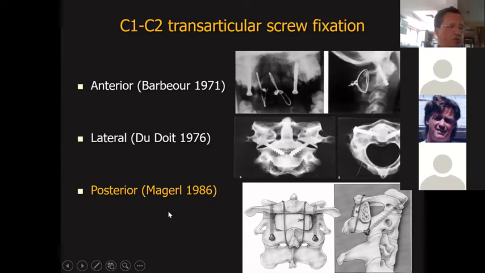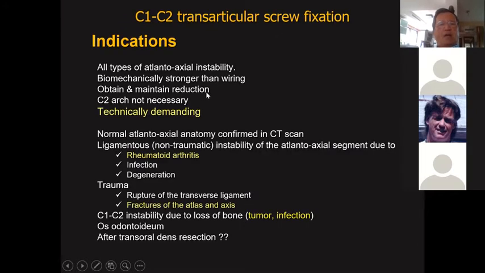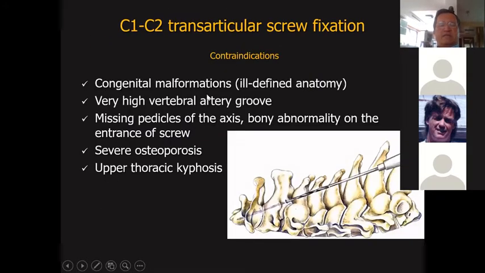It is the so-called Magyar technique. But you need to make a very inclined screw entry to the C2, from the C2, C3 facet entry.